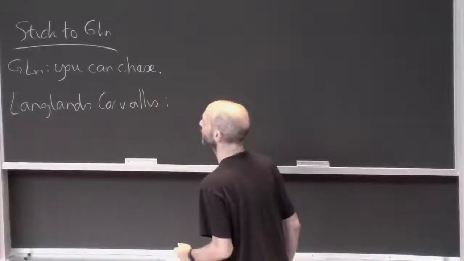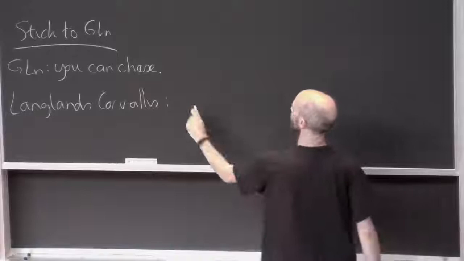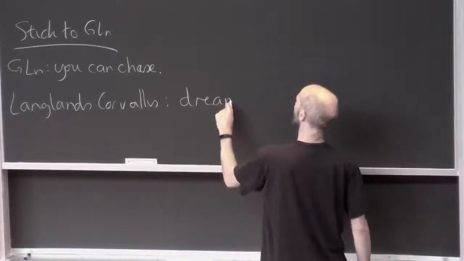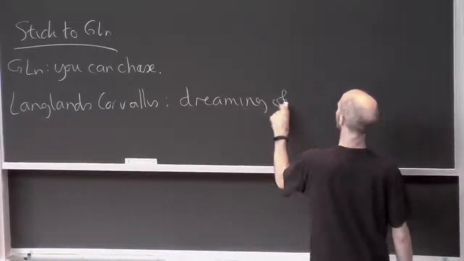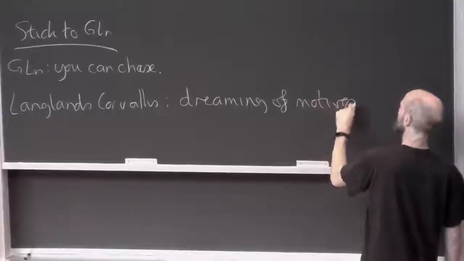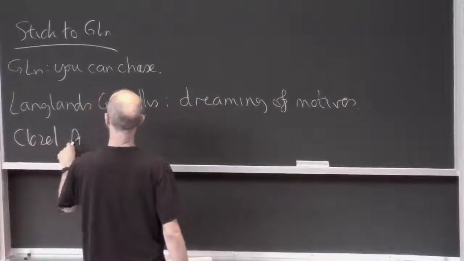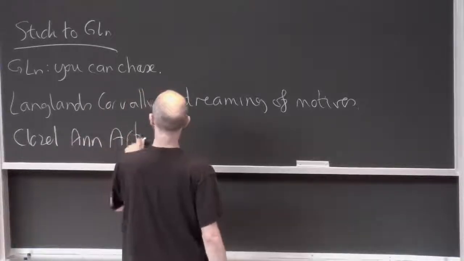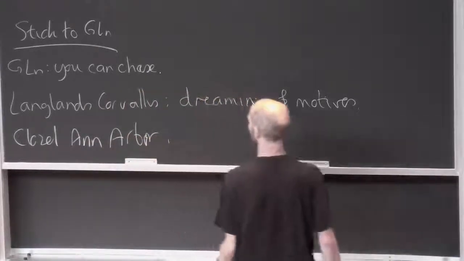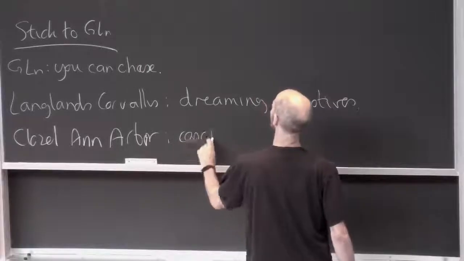You can see in Langlands he's already dreaming of motives, right? And then Clozel 1990. Sort of a concrete conjecture.